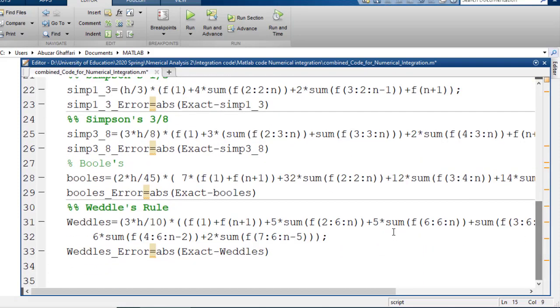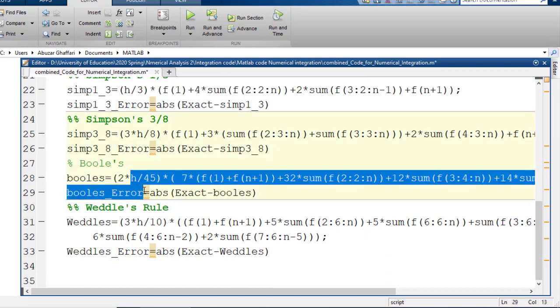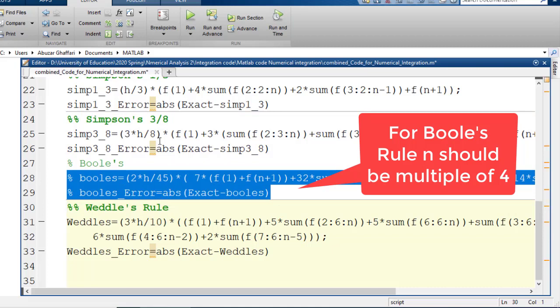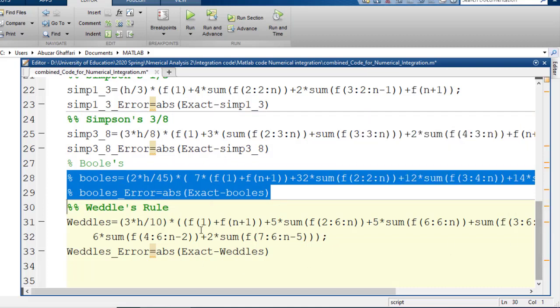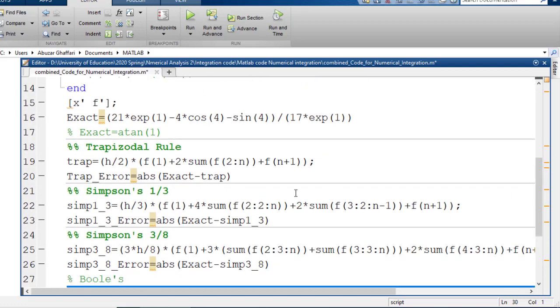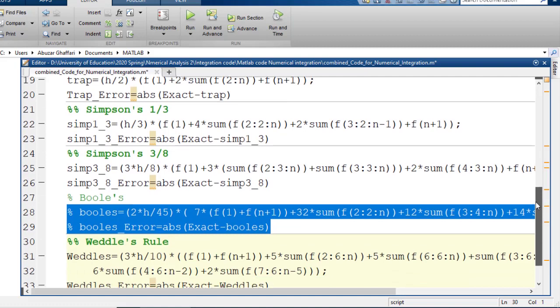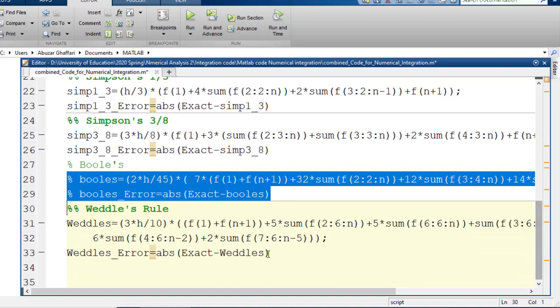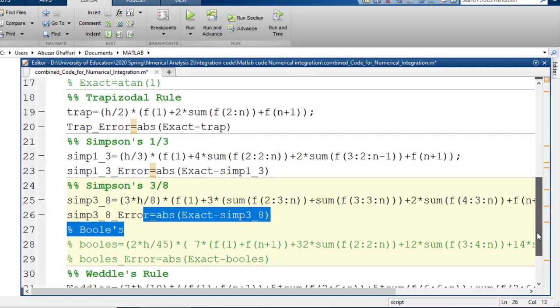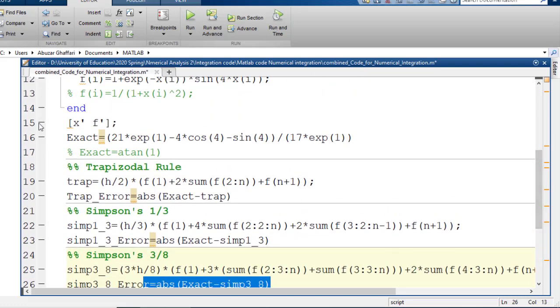For n equal to 6, it is not possible to execute Boole's rule, so we will omit this and we will execute Weddle's rule, and I will show you the errors with Weddle's rule, Simpson's 3/8 rule, Simpson's 1/3 rule, and the trapezoidal rule.